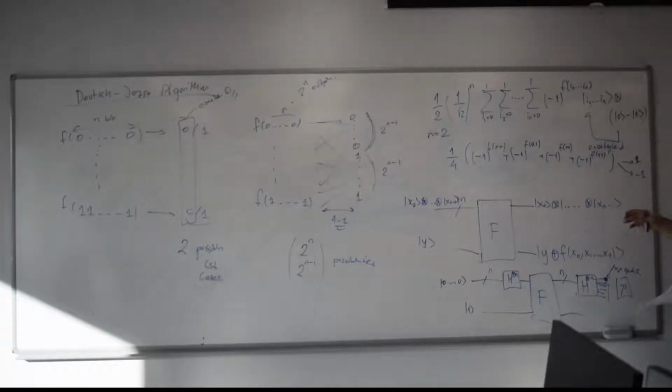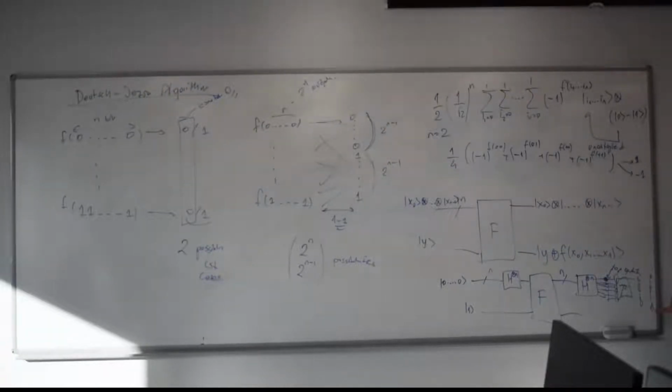In other words, not just the top qubit, you have to measure all of them. But what that means is that if you measure all of them and get 0, 0, 0, 0, all zeros with probability 1, then it's a constant function. If you get something else, for example 0, 1, 0, 1, 1, then you know that it's a balanced function.